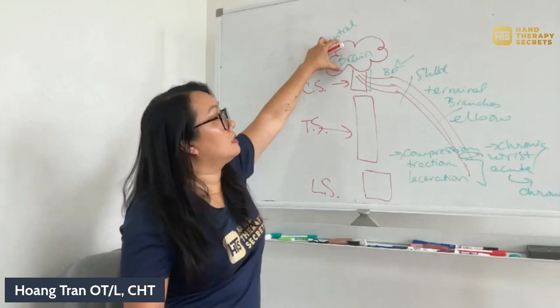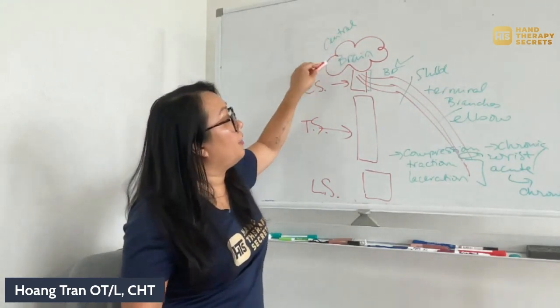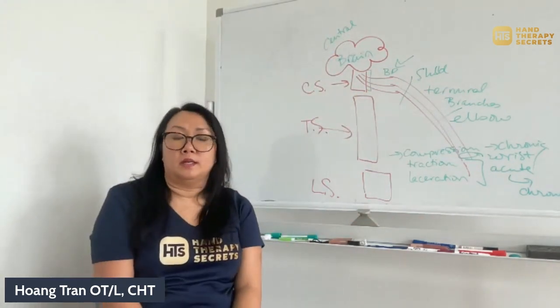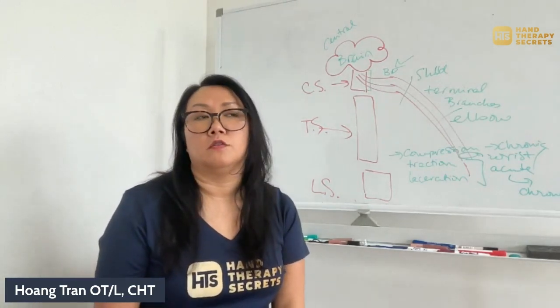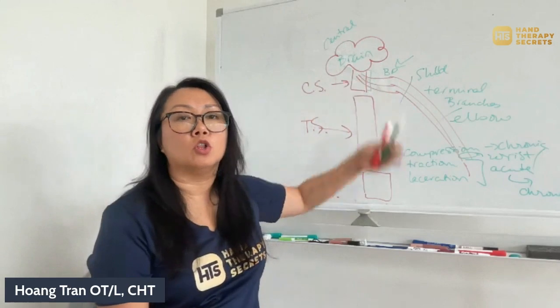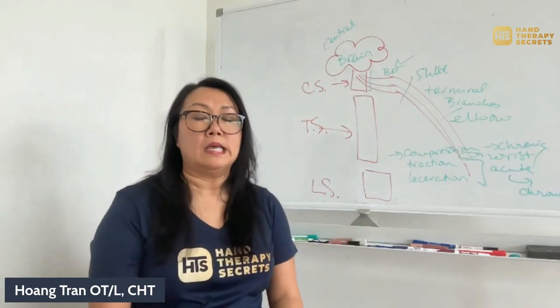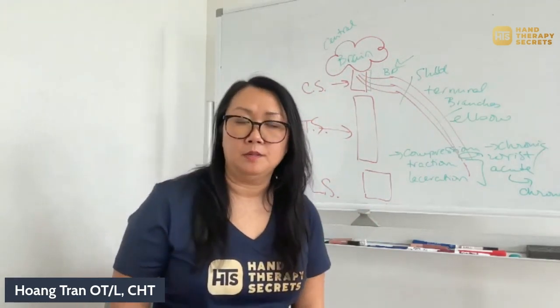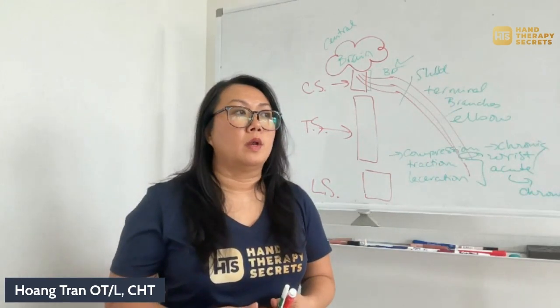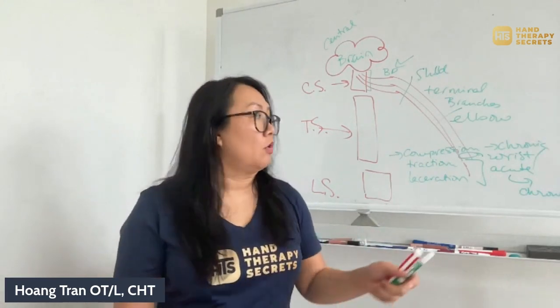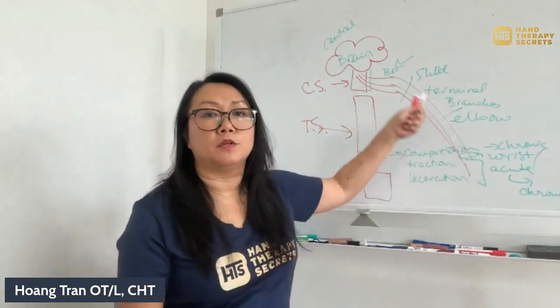And so what happens is the injury is to the brain, and then it's going to affect the arm in a different way. But these are all different types of nervous system or neurological injuries. In hand therapy, very specifically, what most CHTs are known for are peripheral nerve injuries.